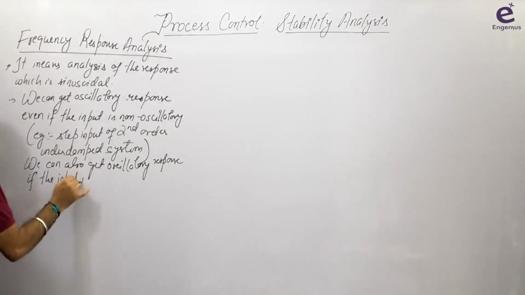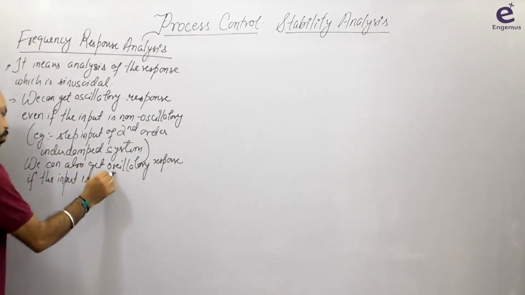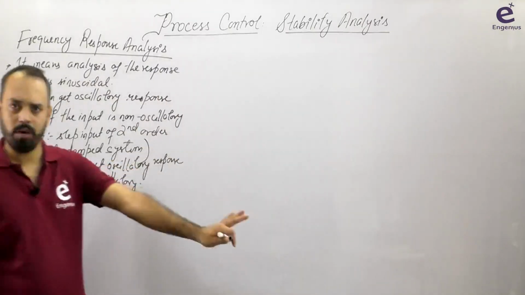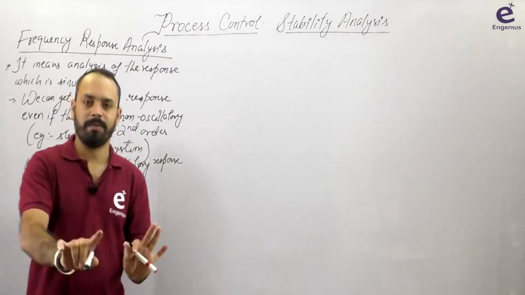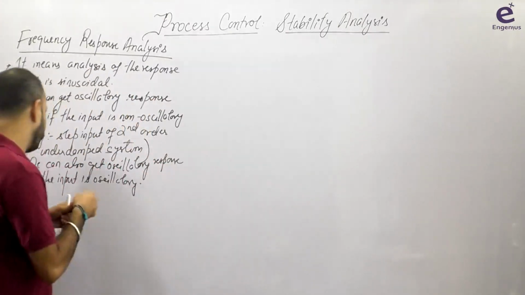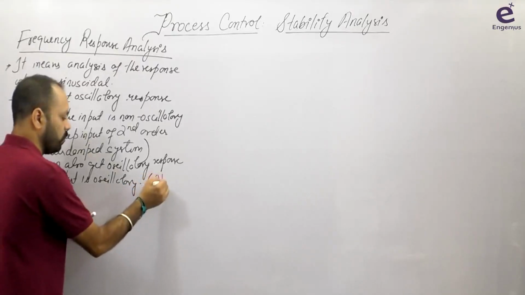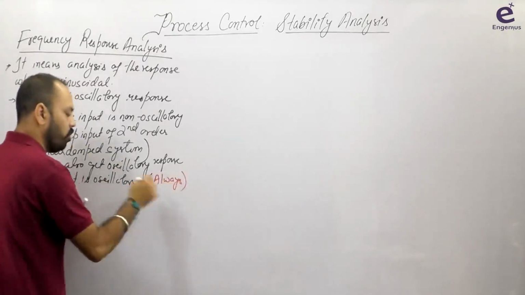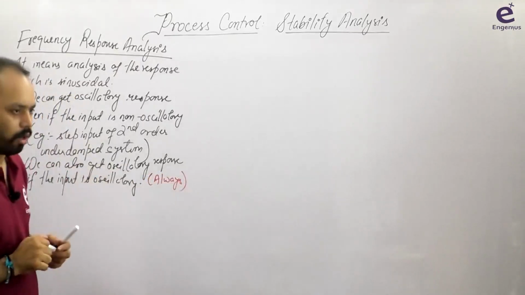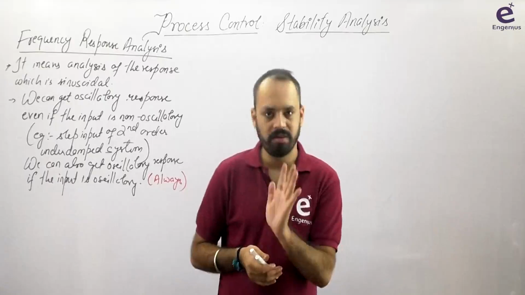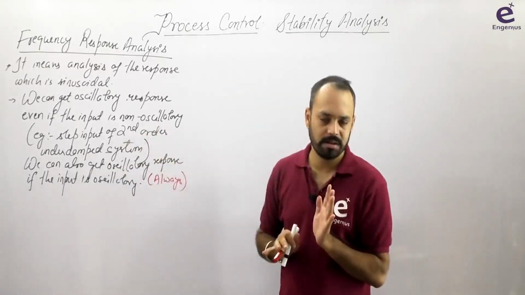Look, what I want to convey is that if the input is oscillatory, the response will be oscillatory, 100%, always. If the input is oscillatory, you'll always get an oscillatory response. If the input is non-oscillatory, you may get an oscillatory response, like in this case.